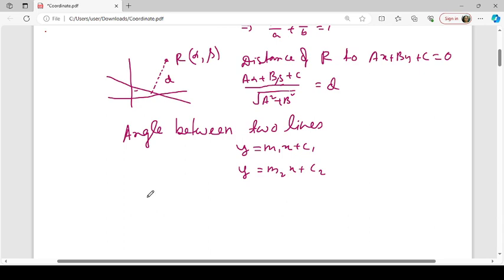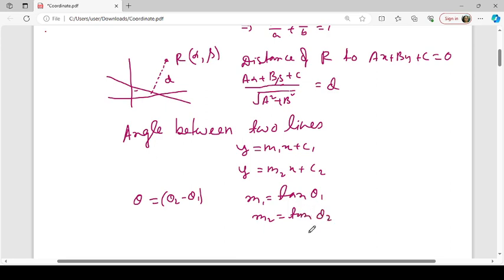In this case theta is equal to theta 2 minus theta 1, where m1 is equal to tan theta 1, the gradient of the first line, and m2 is equal to tan theta 2, the gradient of the second line.